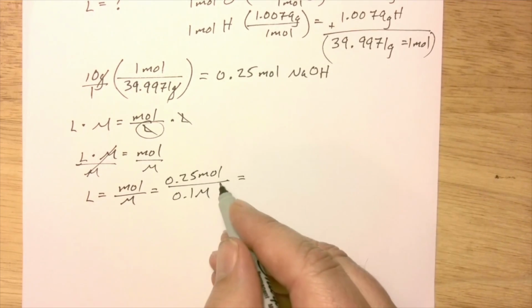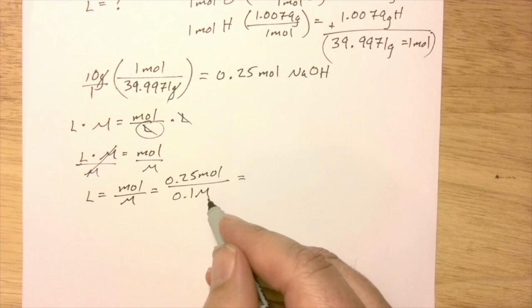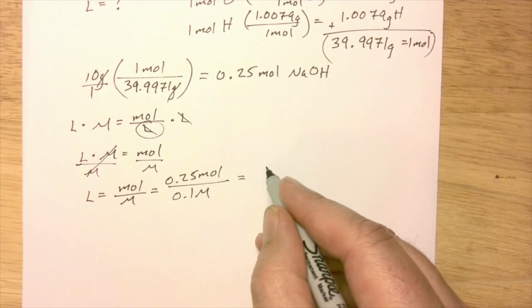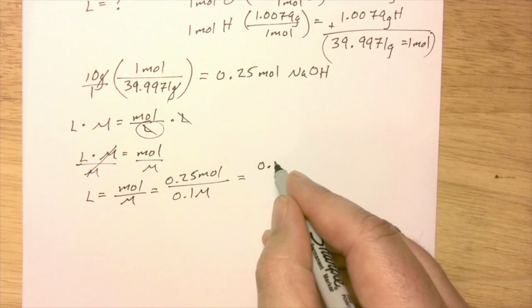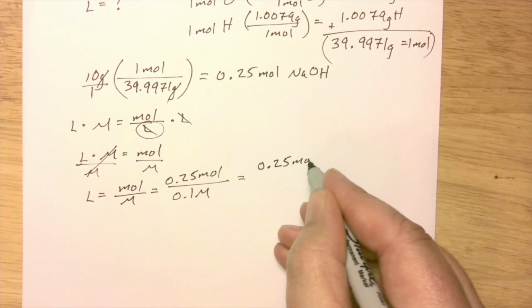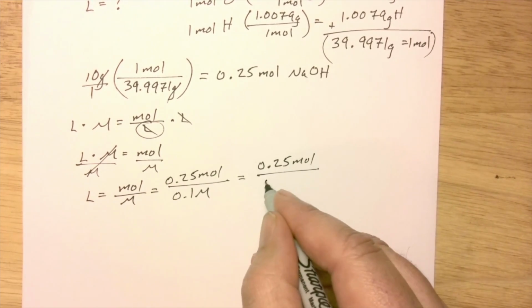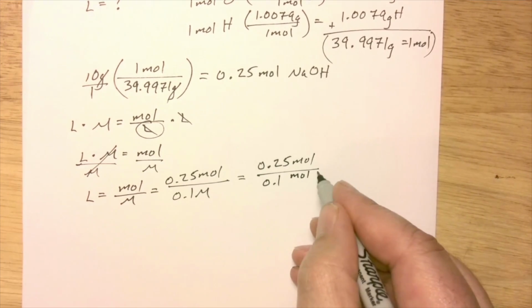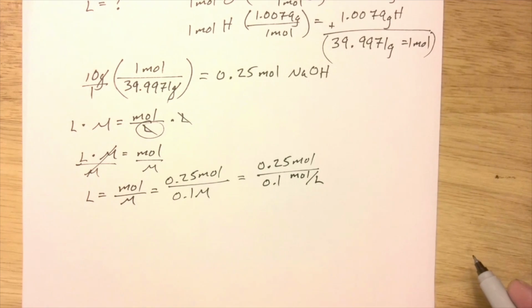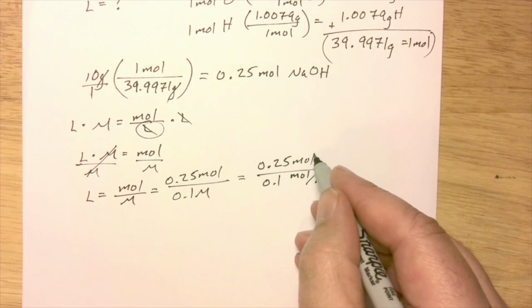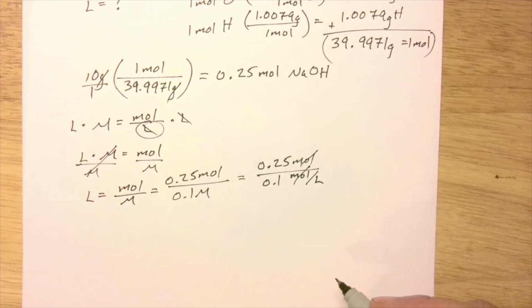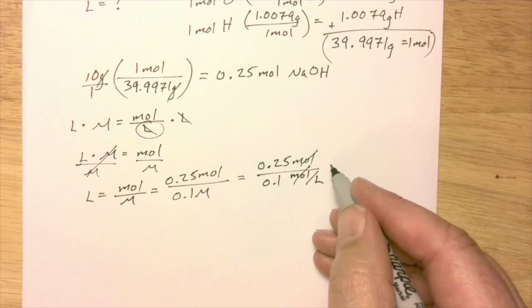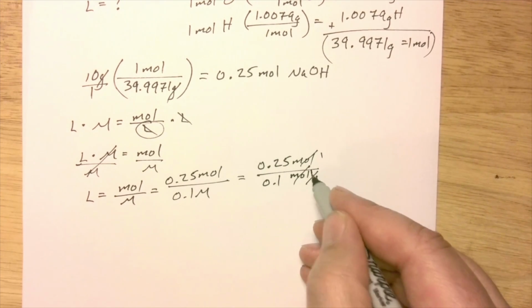Because if you look at this, it looks like the unit should be a mole per molarity. So let me rewrite this here. 0.25 moles, and the molarity is 0.1, and the molarity is actually a mole per liter. So what happens here is moles and moles will cancel out. You're actually left with a 1 over 1 per liter.